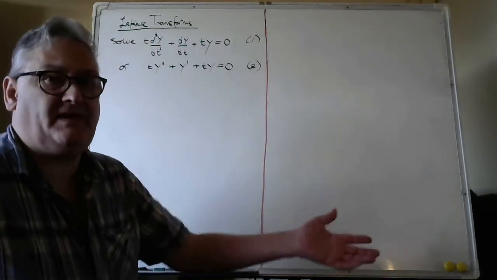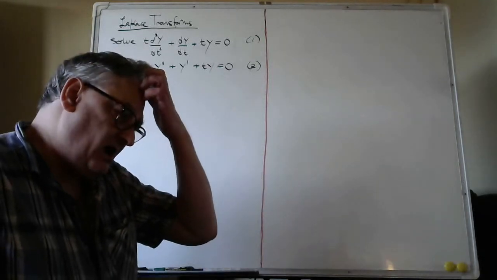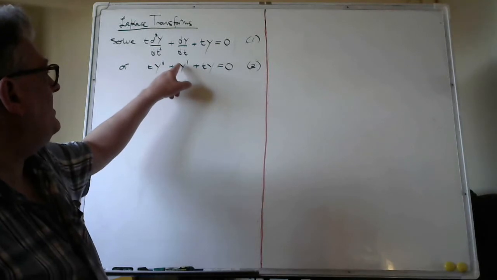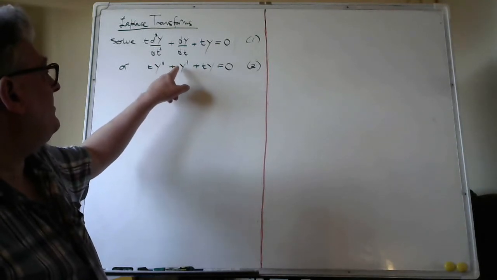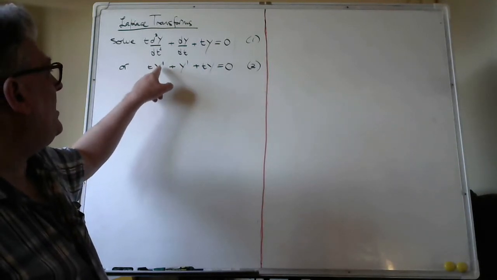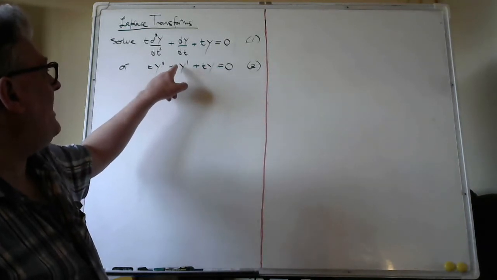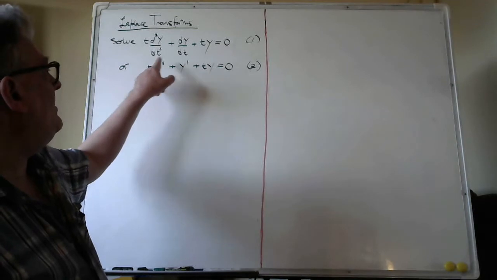So in previous videos I have solved equations similar to this, for example when there was a variable coefficient in front of the y but not in front of the y double prime or the y prime. So where there was a coefficient in front of the y prime but not here or here.